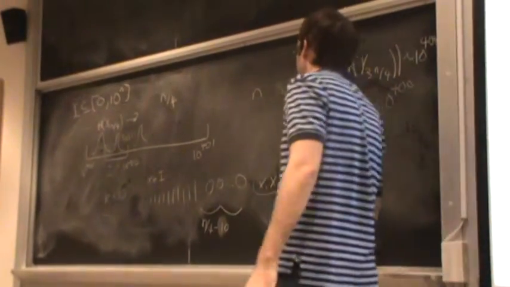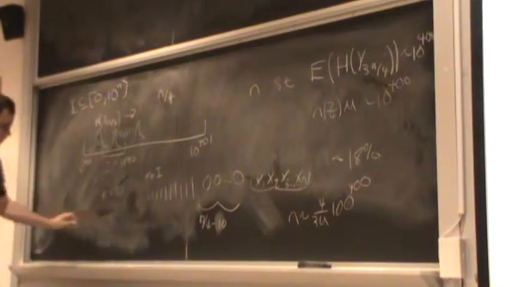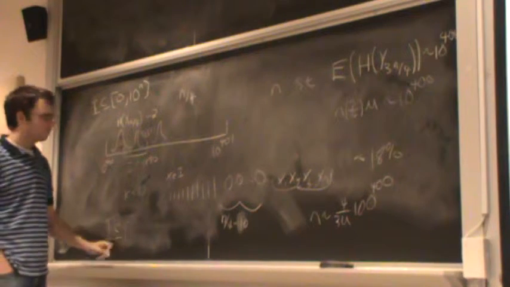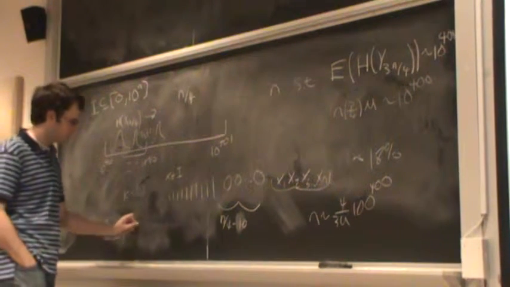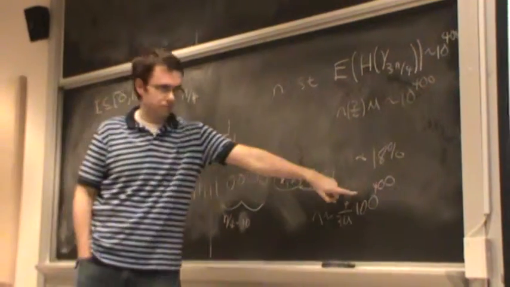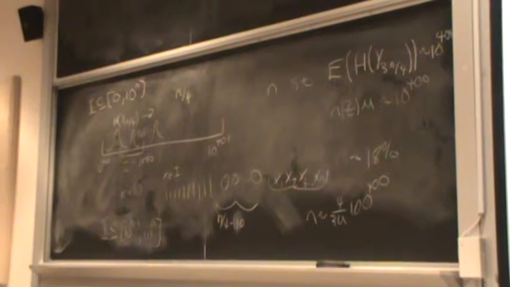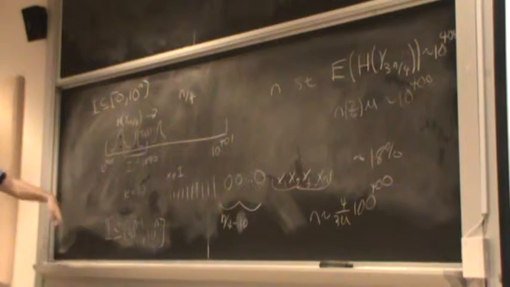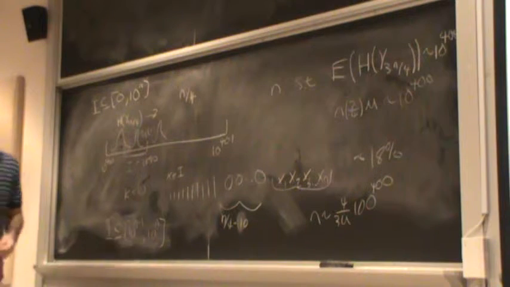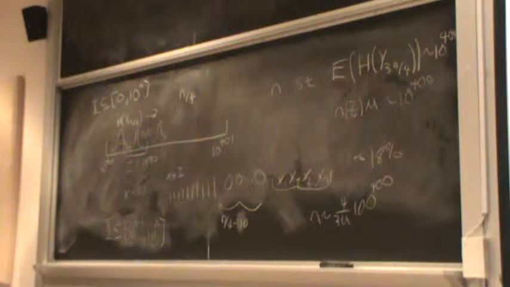So this interval I is going to be a subset of 10 to the n minus 1 and 10 to the n. And n is going to be around this size. And I will have density of happy numbers about 18%. So this is a process I can actually iterate. And I can get exact bounds on how much I lose each time. I lose almost nothing. You just have to trust me on that.